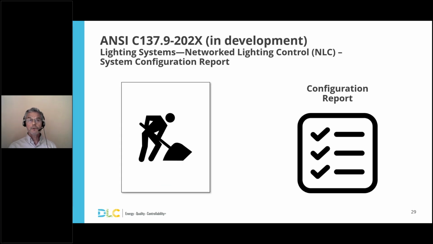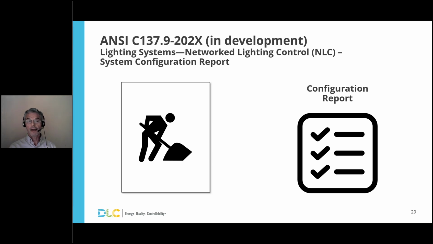In addition to those two standards released in 2021, a new standard, C137.9, is currently under development. This will provide a consistent, dynamic, and comparable way to communicate how network lighting control systems have been programmed after hardware installation and startup. This standard is needed to provide all stakeholders a means by which to understand how a lighting system or portions of it have been configured at the point in time the report is generated.